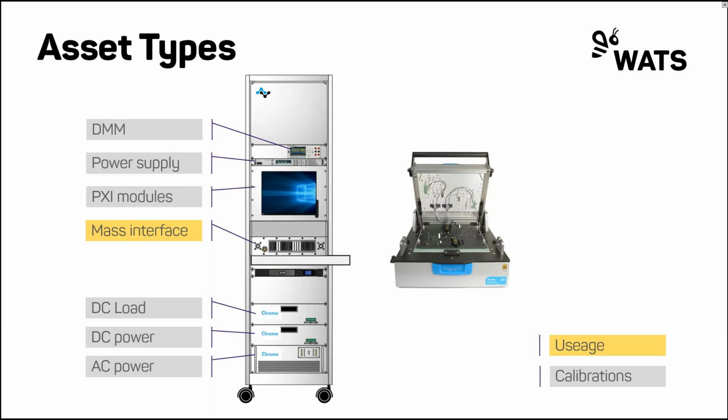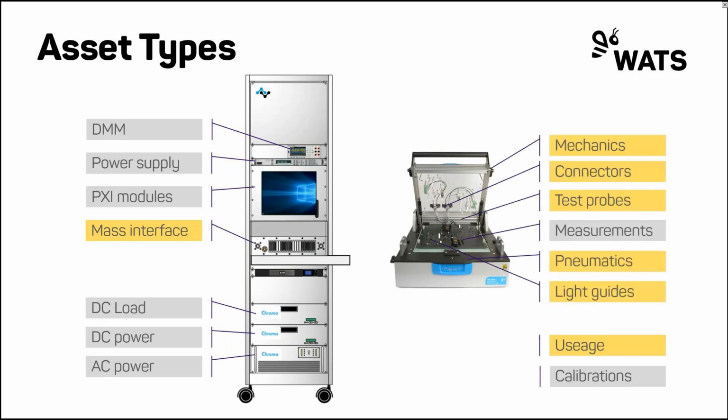We have power supplies, PXI modules, power loads, and multimeters, but we also need to do usage control on the MAS interface or record the usage. When it comes to the fixture, we want to track usage on all the mechanics, connectors, probes, pneumatics, light guides, and we need to calibrate the electronics as well.